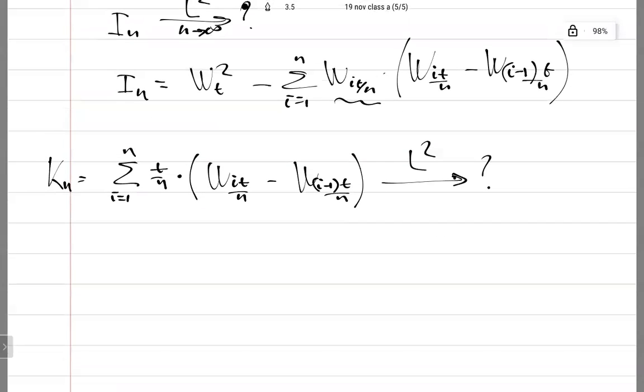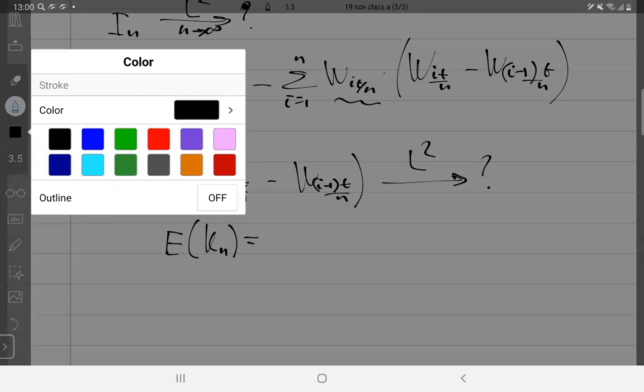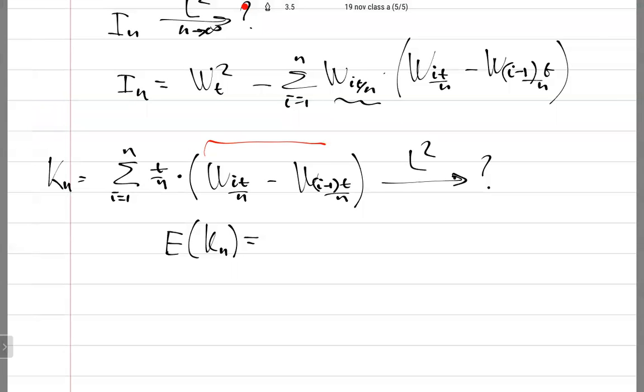So let's calculate the expected value of Kn. What is the expected value of a difference of Brownian motions? It's 0. We should recall that this difference has a normal distribution with mean 0 and variance t over n times i minus (i minus 1).